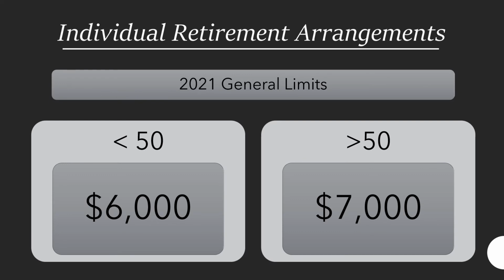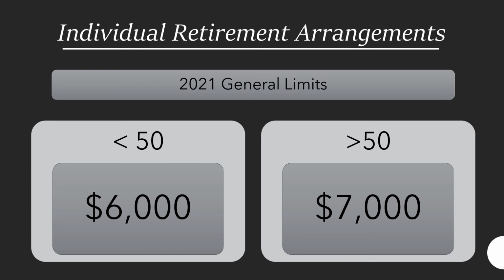For 2021, that global limit, if the taxpayer is under the age of 50, is $6,000. If they are over the age of 50, then they get $7,000. And here again, like HSAs, IRAs are not owned jointly by spouses.